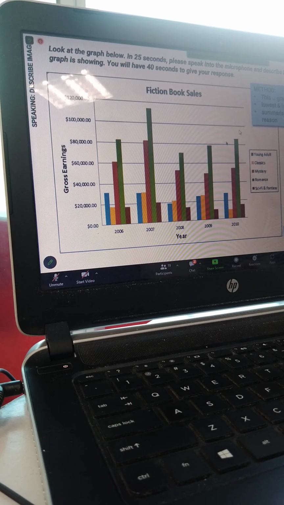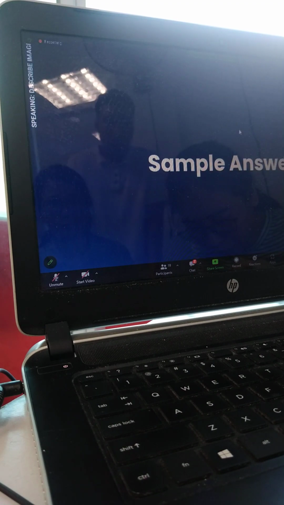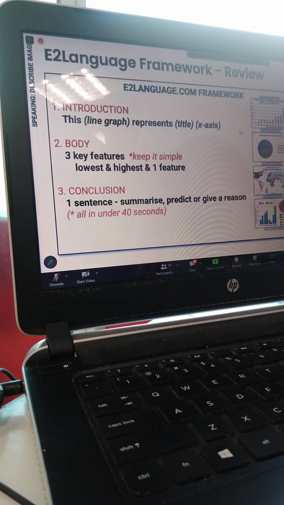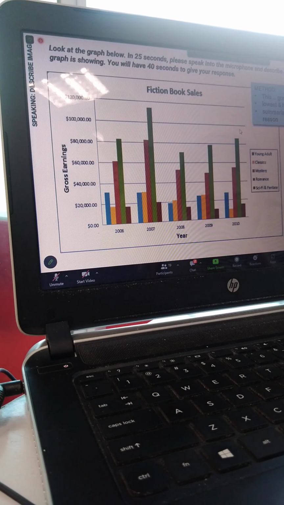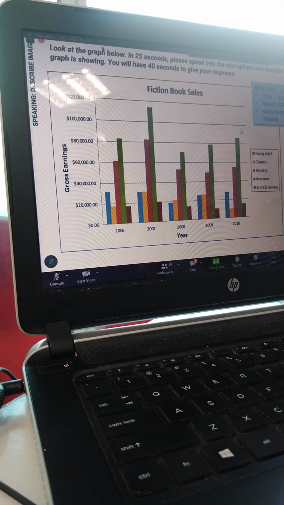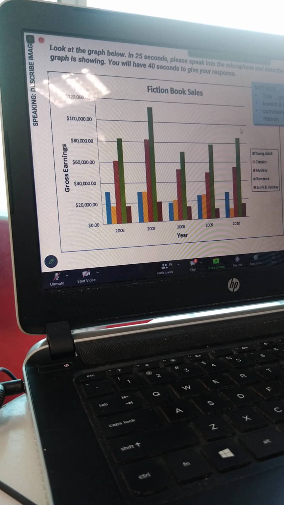If we go back just one slide, that's the method. Title and x-axis, 3 key features and conclusion. We're going to lock the structure in, practice it repeatedly and get good. Okay, 25 seconds to prepare and 40 seconds to speak. All good? Everybody give it a go. Your time starts now.